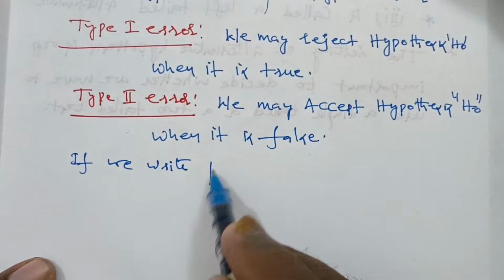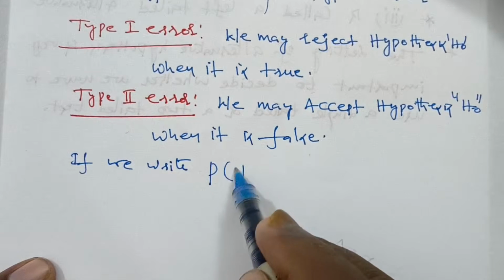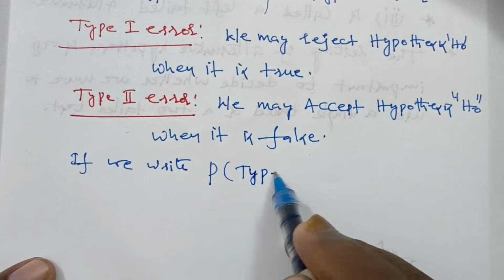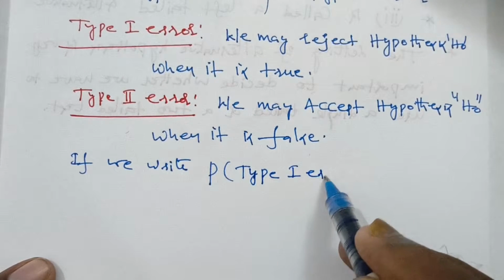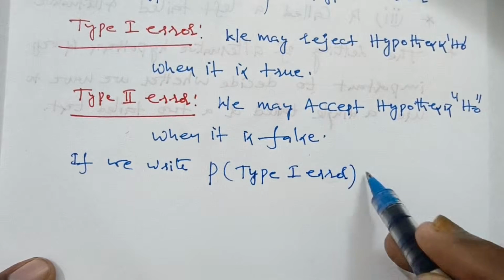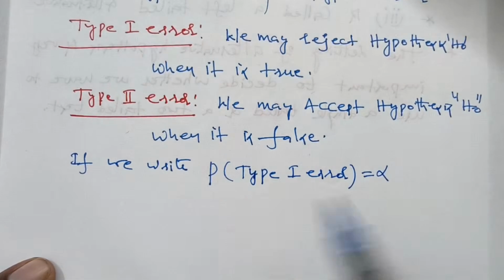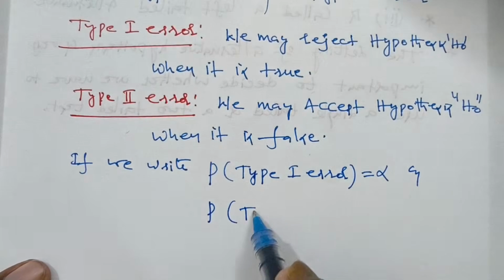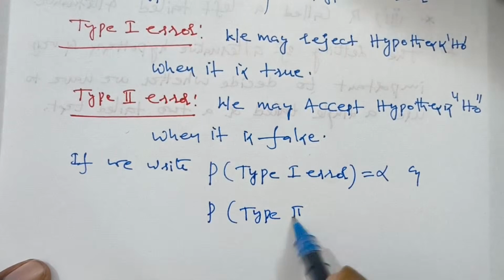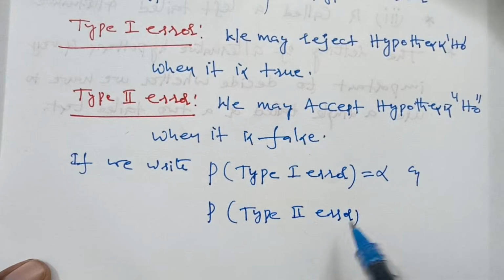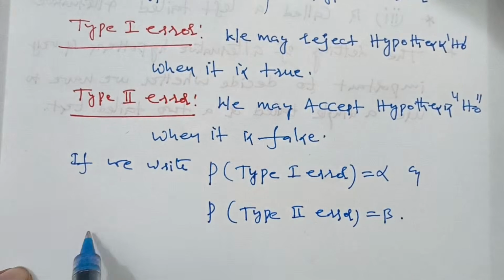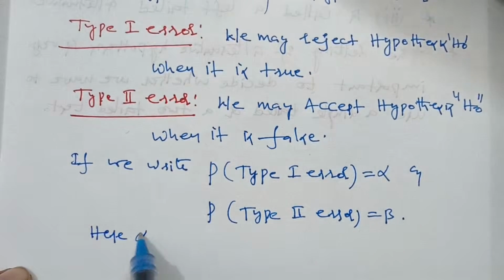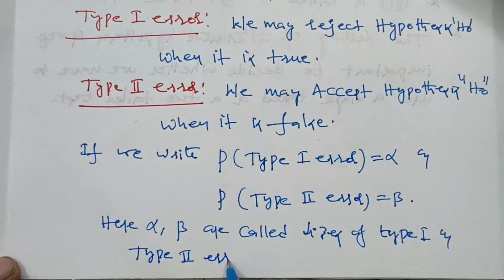Suppose we write the probability of type 1 error, P of type 1 error, is equal to alpha, and the probability of type 2 error is equal to beta. Here alpha and beta are called the sizes of type 1 and type 2 errors.